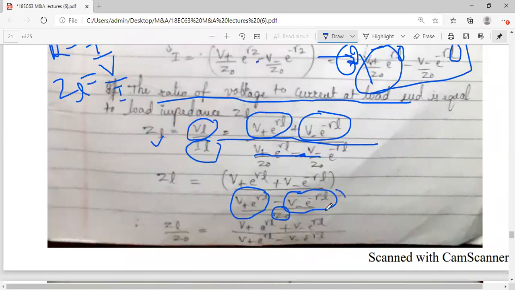The Z naught in the denominator of the denominator comes to the numerator in the next step. So it is Z naught into this much. This Z naught I have taken to the LHS, divided by Z naught, so no need to write this; it is already covered in the denominator. So in the numerator, two terms I have written, and in the denominator, two terms. In the numerator you have a plus sign, in the denominator you have a negative sign.